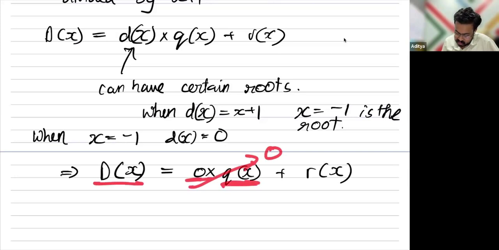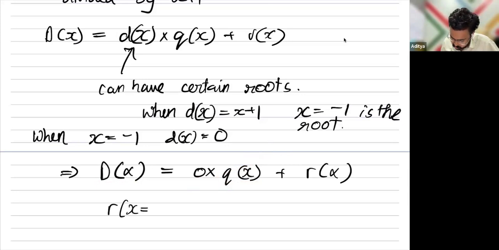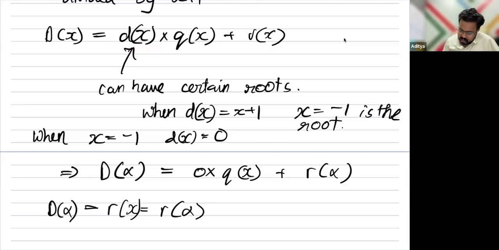So our dividend at alpha will become r of alpha. Since r of x is equal to r of alpha, where alpha was the root of our divisor polynomial, it will equal the dividend. We have successfully found the remainder in that case.